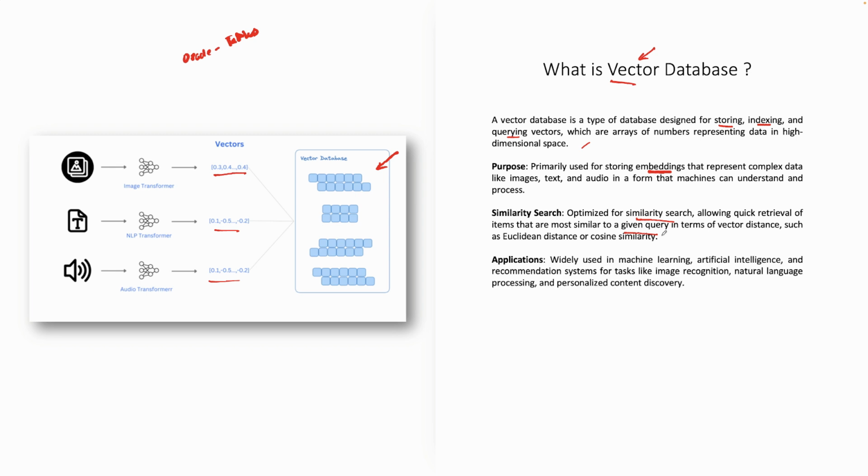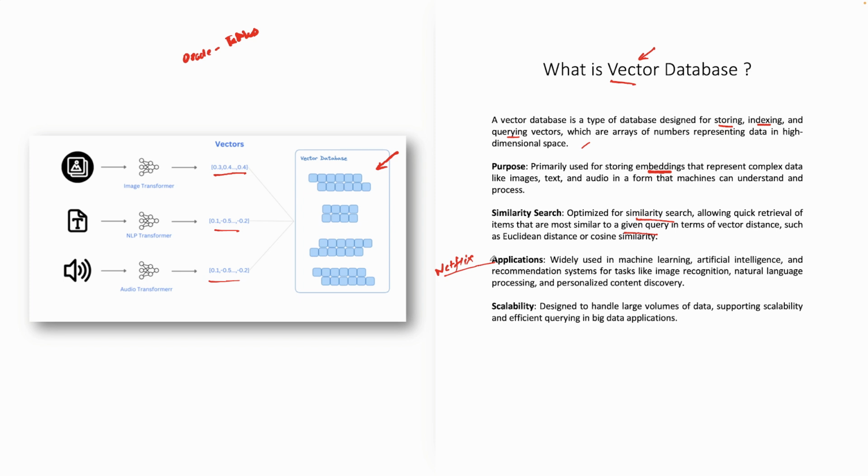It is widely used in machine learning, artificial intelligence, and recommendation systems. Even in recommendation systems, we talked about Netflix a lot. There also, embeddings and vector databases are being used, because wherever you have to do a similarity search, like looking for what kind of movies you like to watch, it's a kind of similarity search.